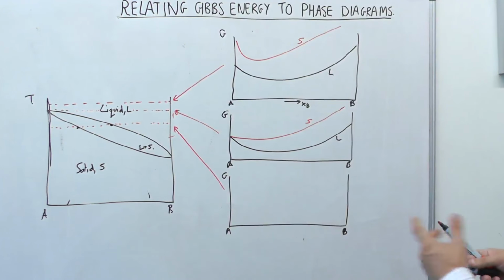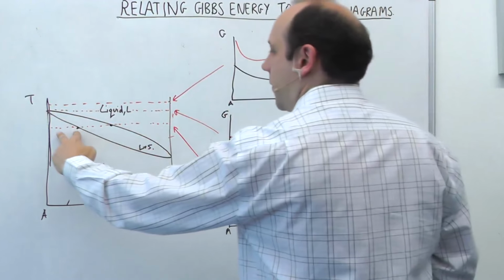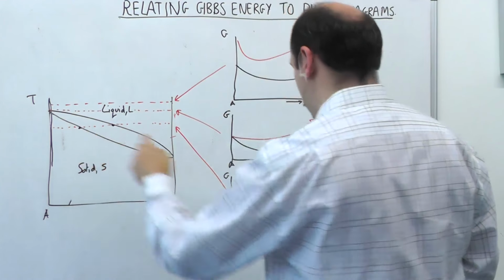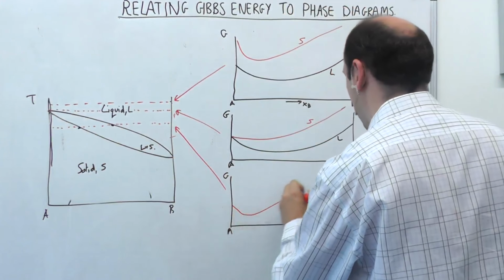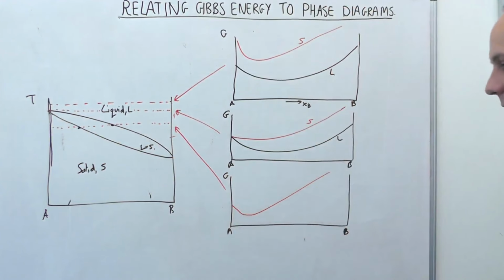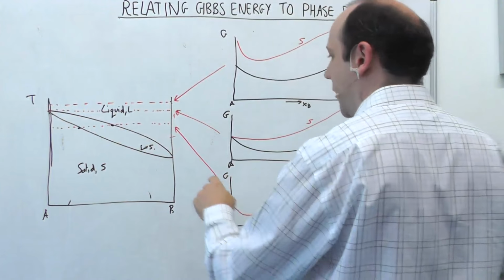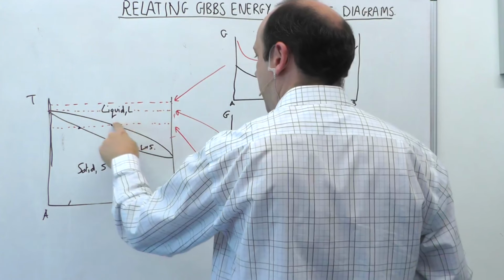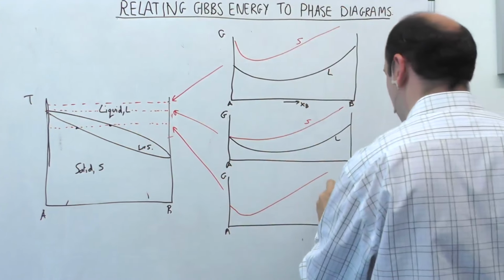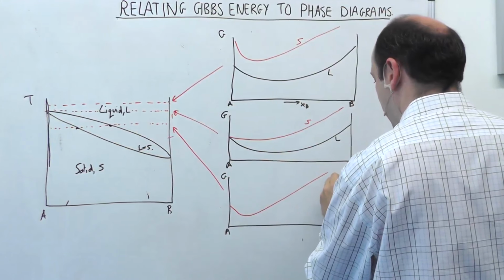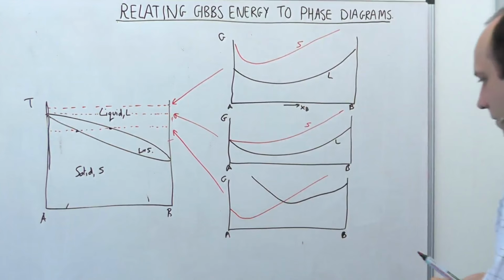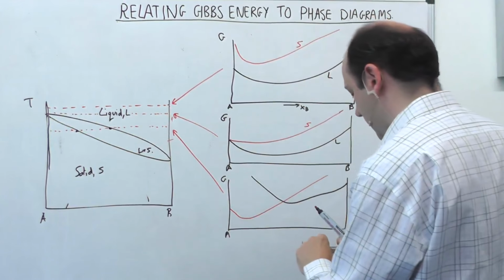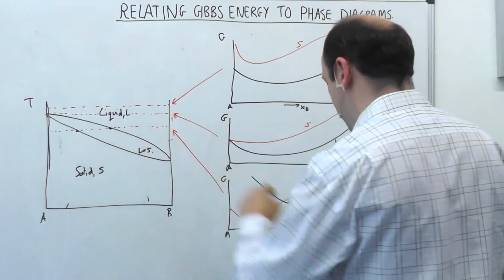The solid curve will be the lowest energy all the way up to this composition. And the liquid curve then will be the lowest energy all the way over here. So it will be something like this. And then in between those two, we've got a two-phase region.